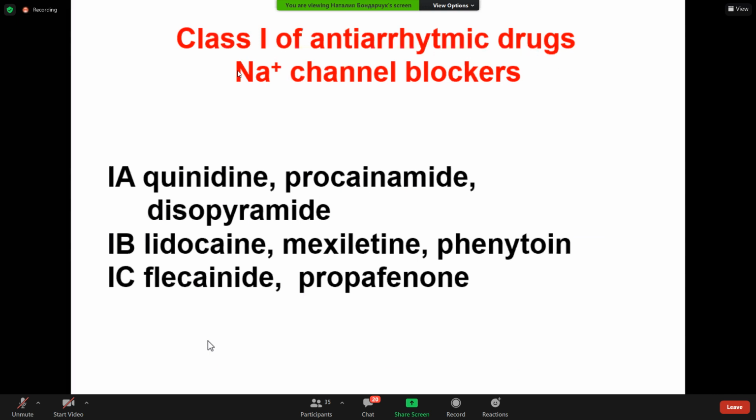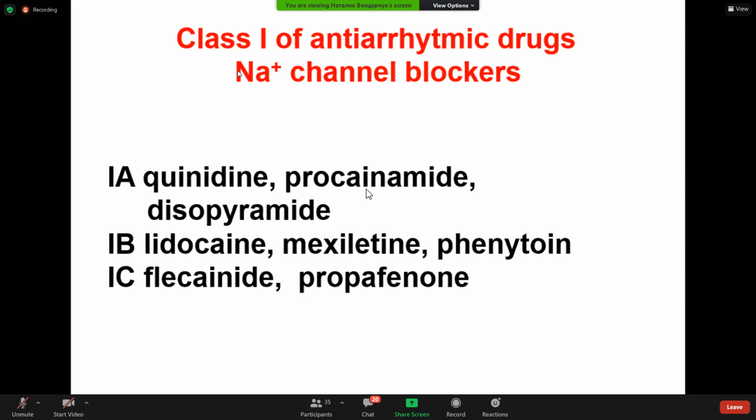So let's speak about class 1 of antiarrhythmic drugs. According to the mechanism of action, such drugs are sodium channel blockers. So, subdivision of class 1 into the 1A class, 1B, and 1C. Quinidine is a very popular 1A class antiarrhythmic drug.